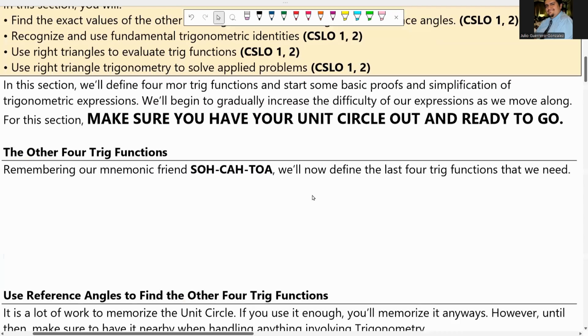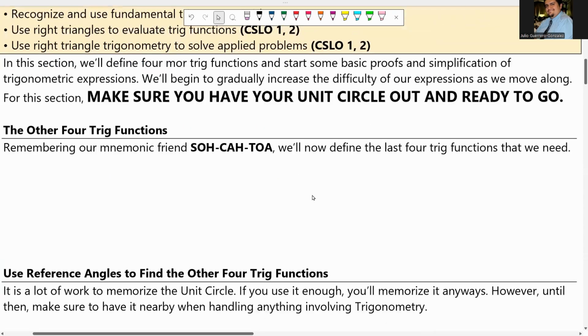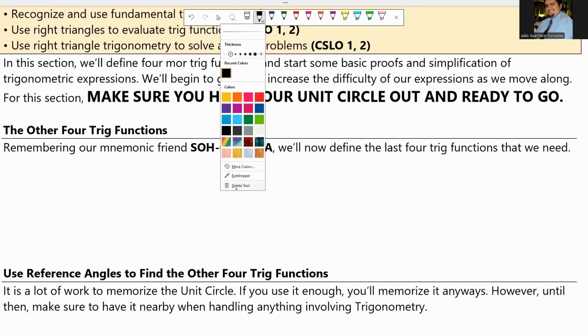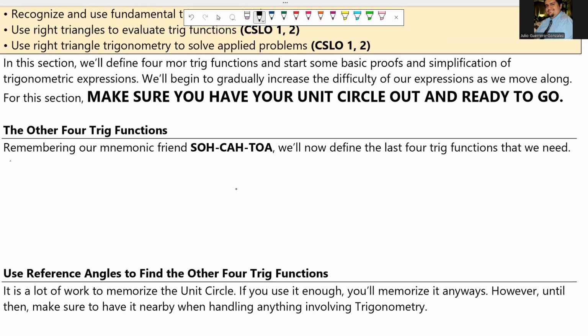The first thing I want to do is go back to the first three, really, of our trig functions. If you remember, sine of any angle theta on a unit circle is going to be y over 1.